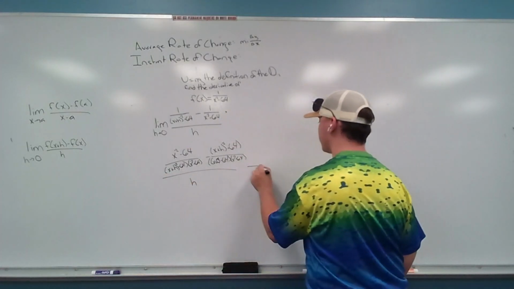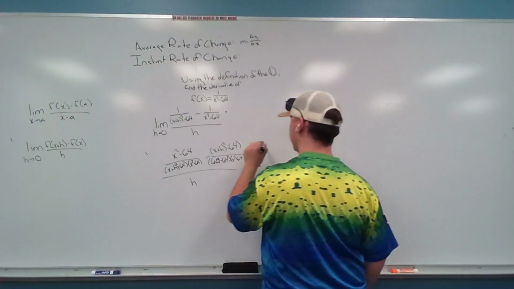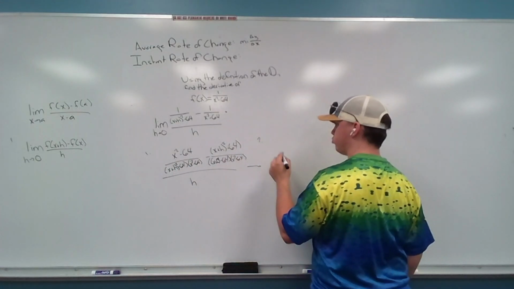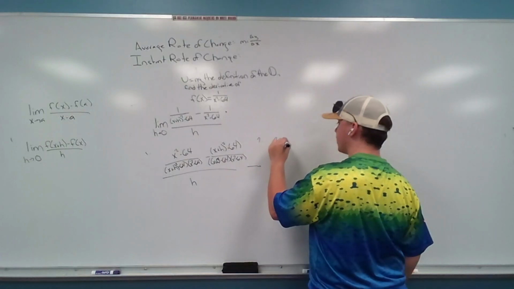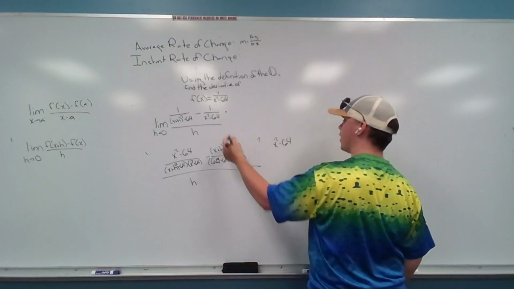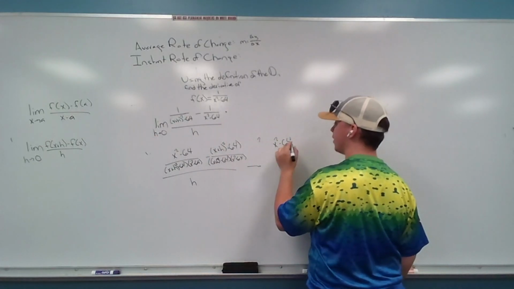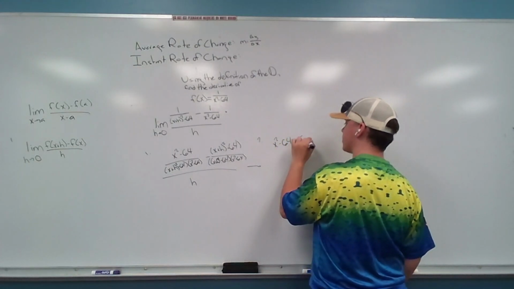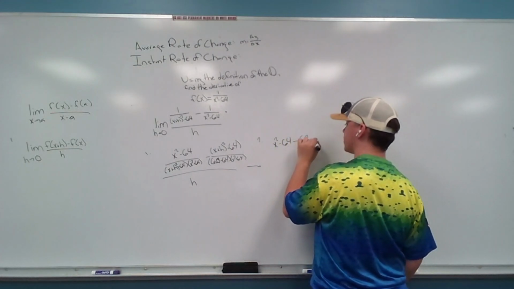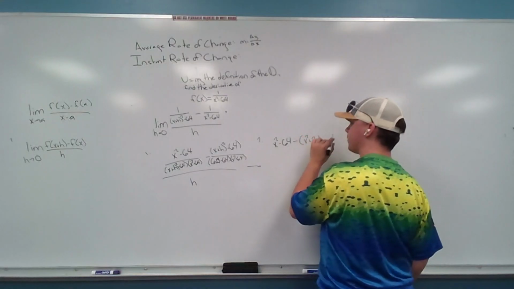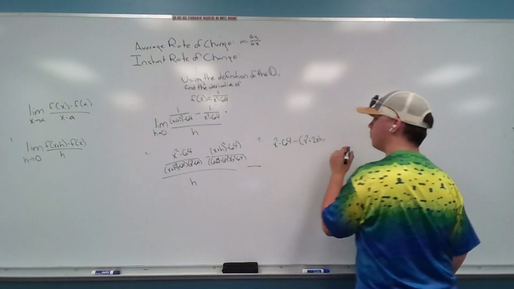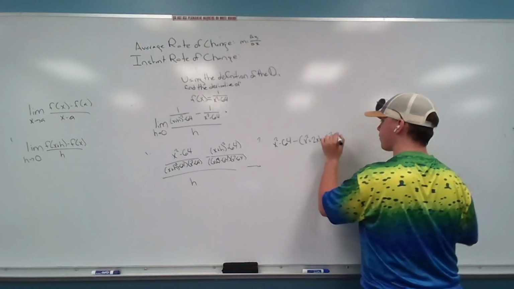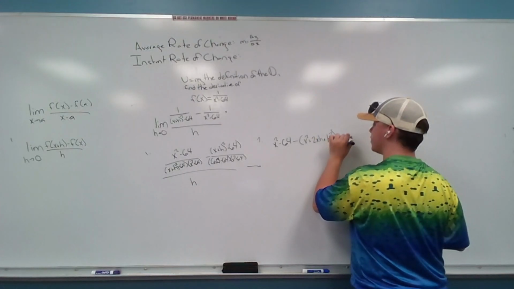Let's come over here, part 2, that's going to be 1, that's going to be 2. So we already have x squared minus 64. Now we're going to multiply this out. It's going to be technically minus right here. x squared plus 2xh plus h squared minus 64.